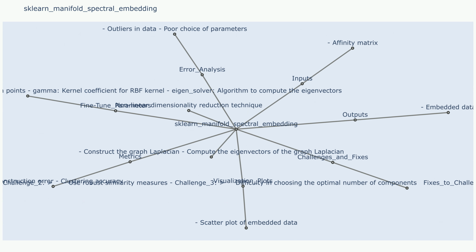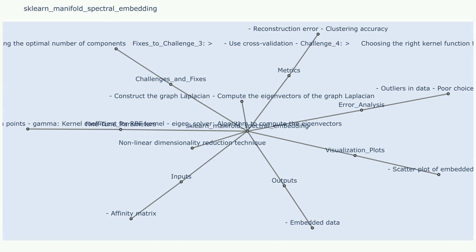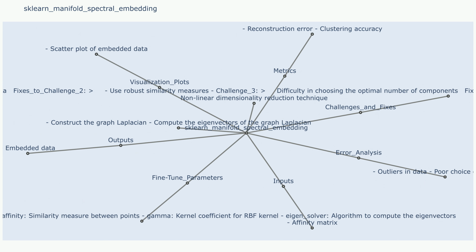Steps. Constructing the affinity matrix based on the chosen method. A similarity matrix, the affinity matrix, is constructed. It measures the pairwise similarity between data points. Building the graph Laplacian. The graph Laplacian matrix, which captures the connectivity and structure of the data, is derived from the affinity matrix.